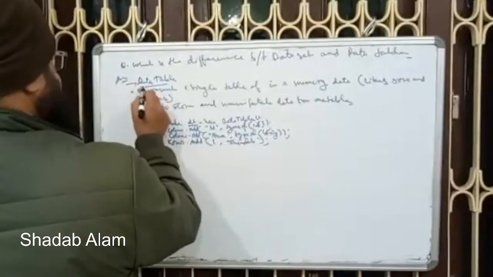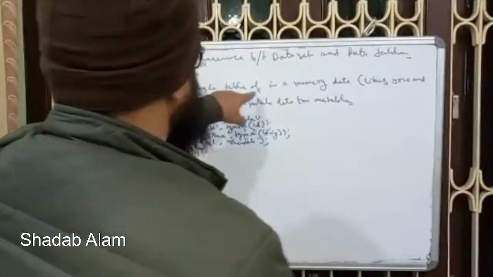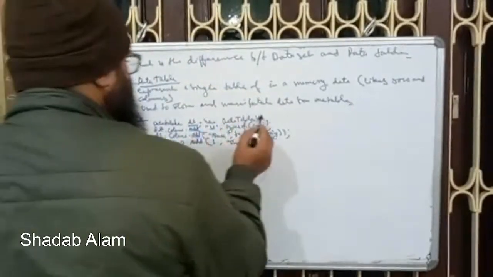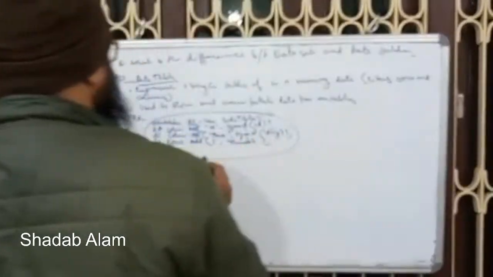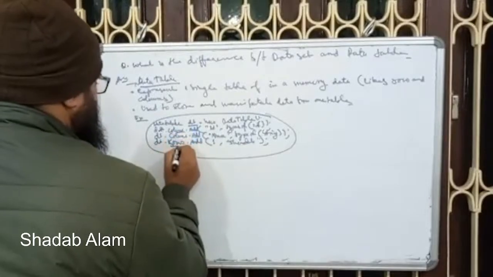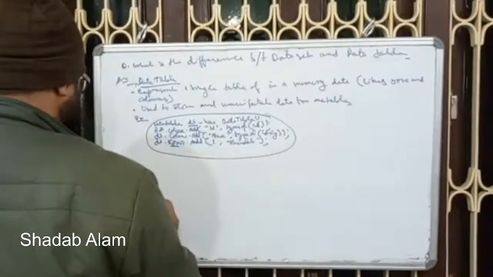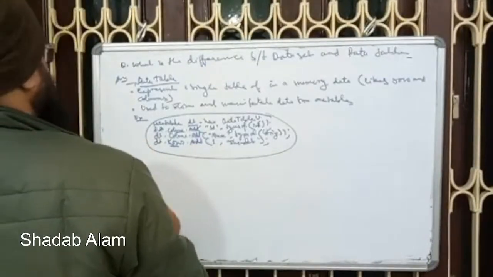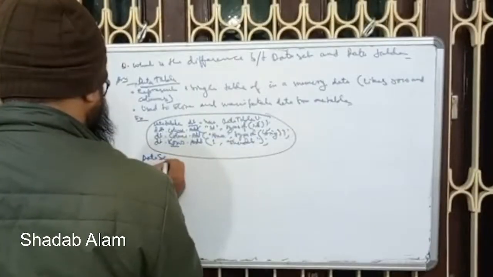This is the data table, represented as a single table, where data is stored in the form of rows and columns. Now the data set.